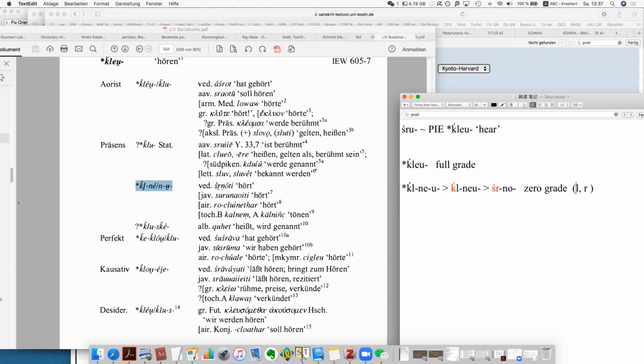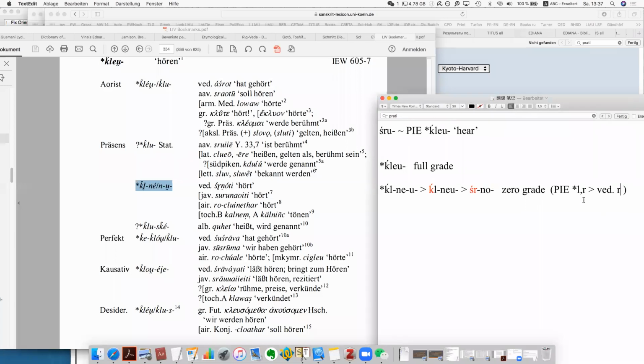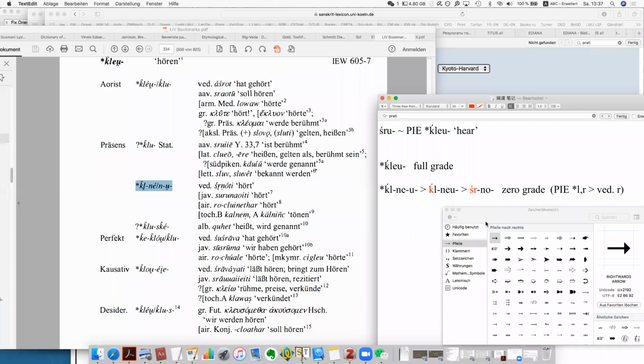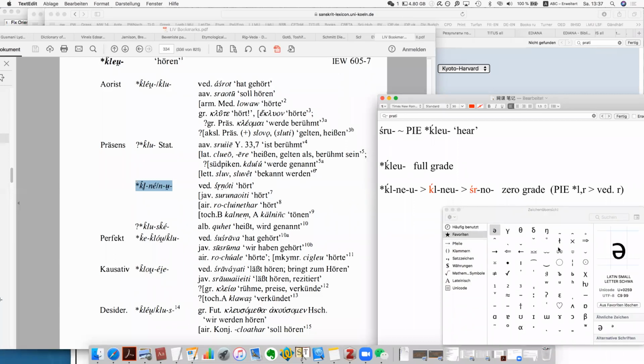I've mentioned it before. So PIE l and r turn into Sanskrit r. So l and r become the same consonant. And check, there are 3 consonants, right? So we have to make the consonant in the middle, and this is a resonant, like this.